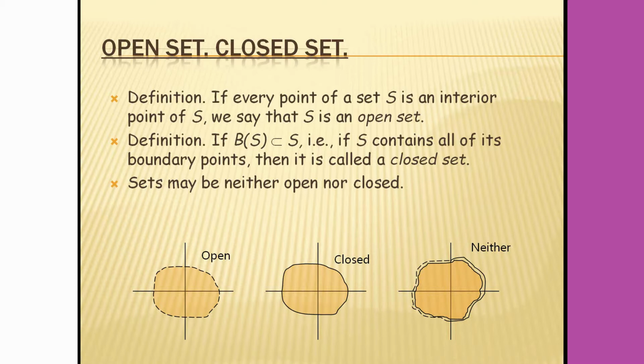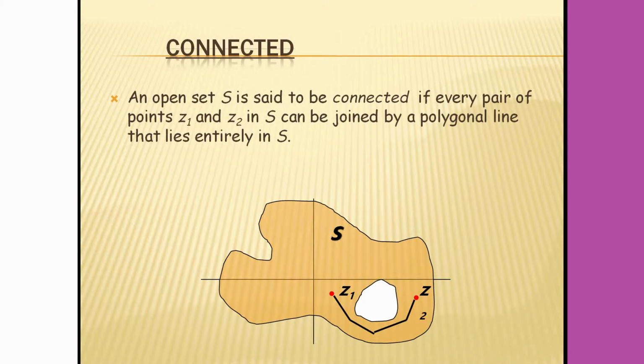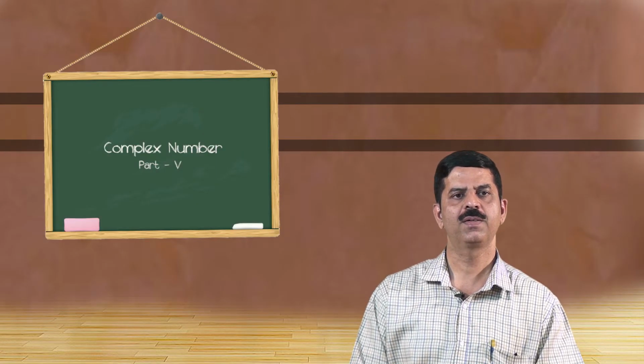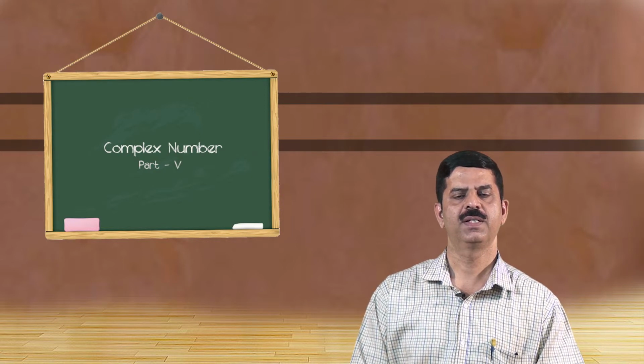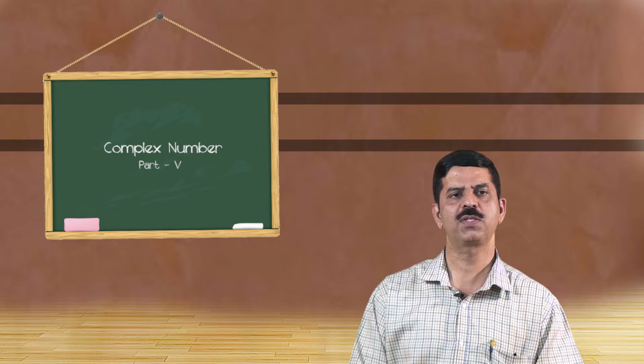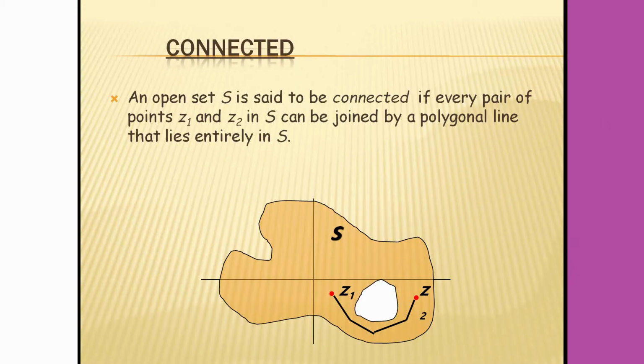Then what do we mean by a connected set? In the set of complex numbers, we say a set is connected if every pair of points Z1 and Z2 in the set can be joined by a polygonal line that lies entirely in the set.